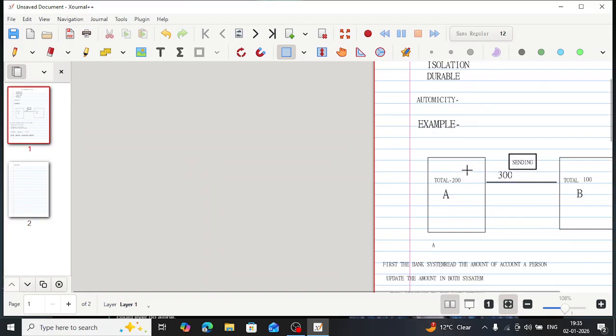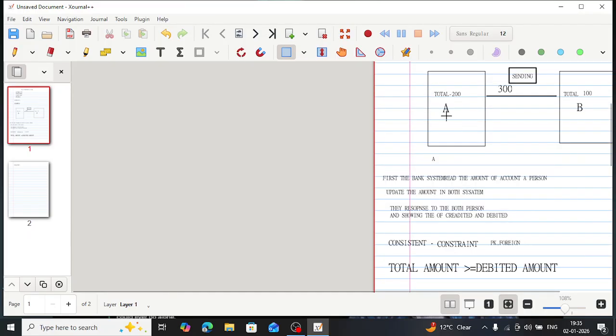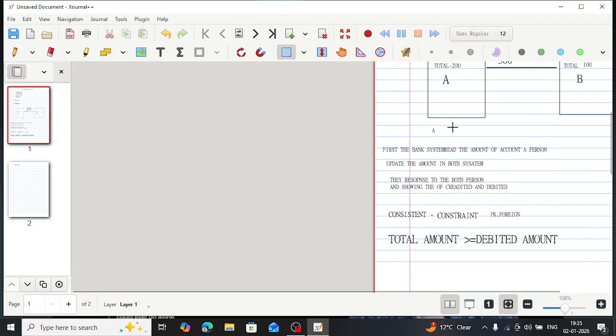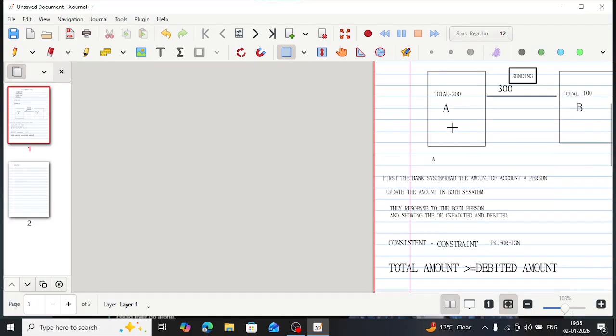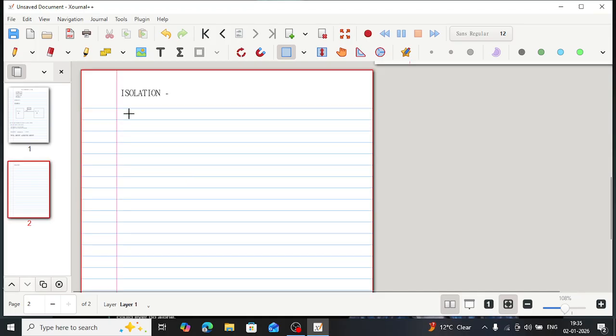Let's take an example: many persons are using the transaction facility at a time. So what happens when many persons use the same functionality at the same time?